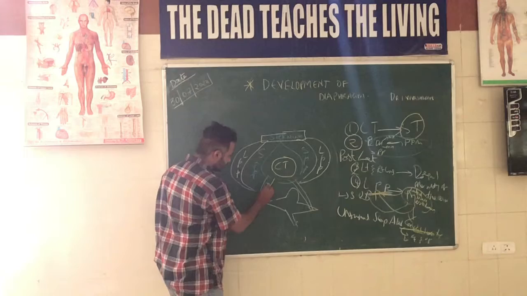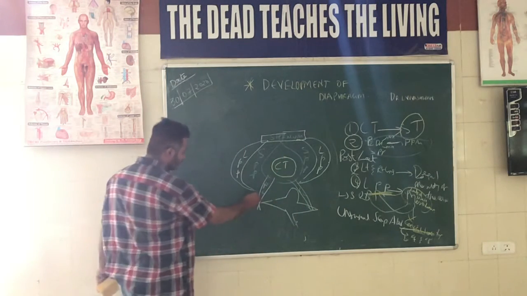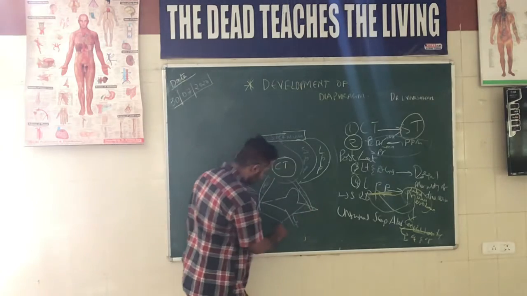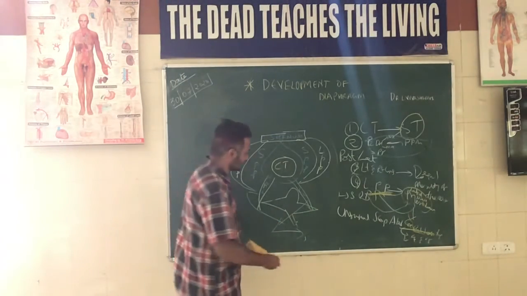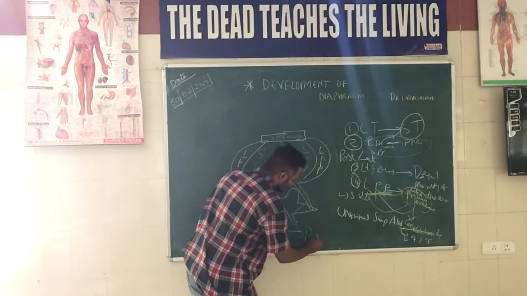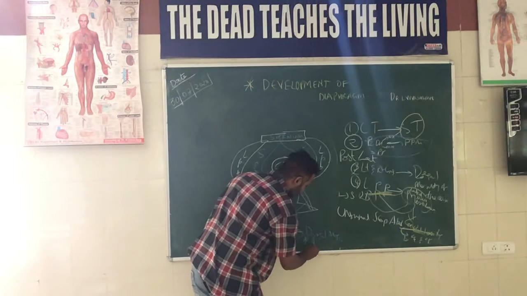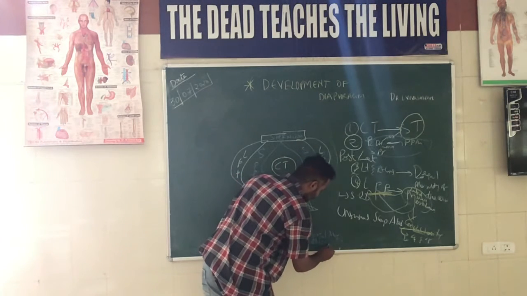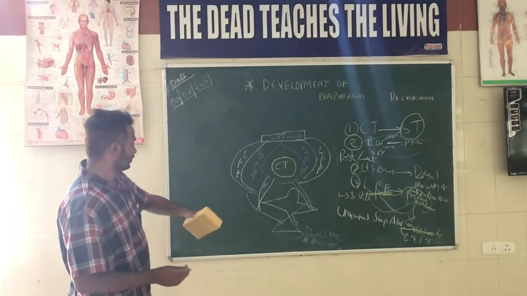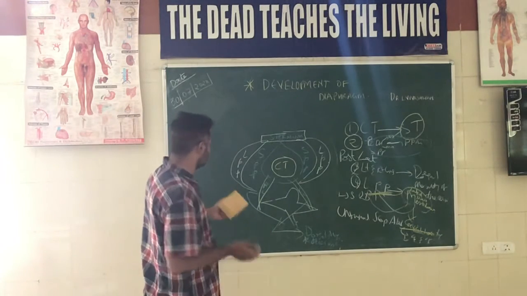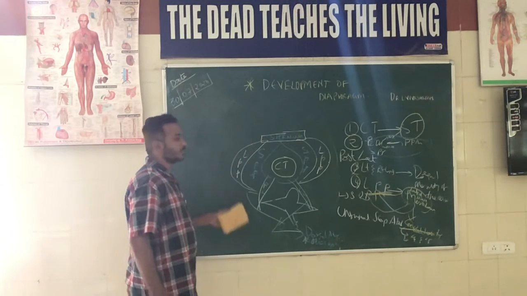The right crus of the diaphragm and the left crus of the diaphragm, both of these crura have their development from the dorsal mesentery of the oesophagus. So this is a small view of how the diaphragm will be developing.